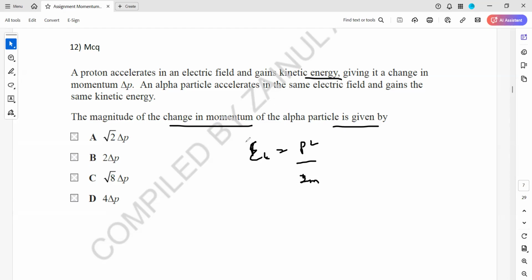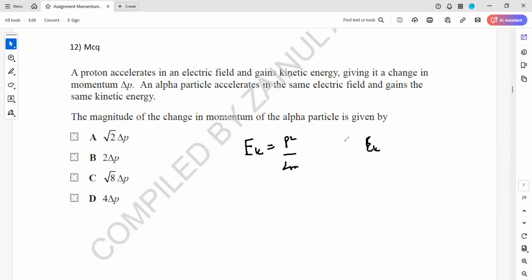So Ek is equal to p square over 2m, or if we simplify this equation, under root of Ek times 2m will be equal to p. So if the mass is 4 times, this will be double because it varies with the root. So under root 4 is 2.